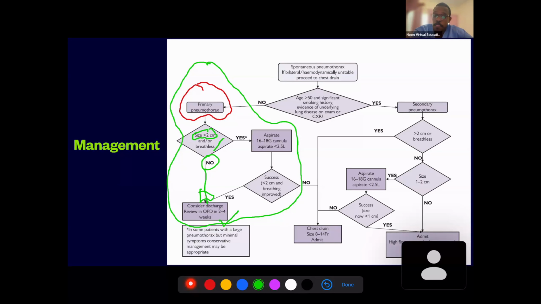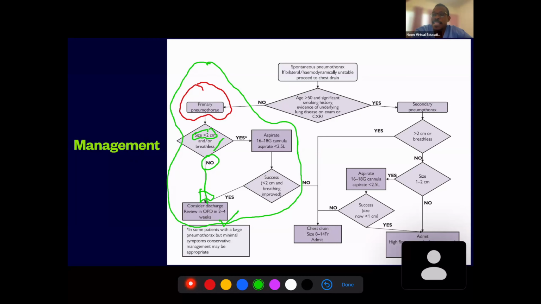If the patient with primary pneumothorax has a size more than 2 centimeters and is symptomatic, give aspiration, and try to aspirate no more than 2.5 liters. Then repeat the chest X-ray.